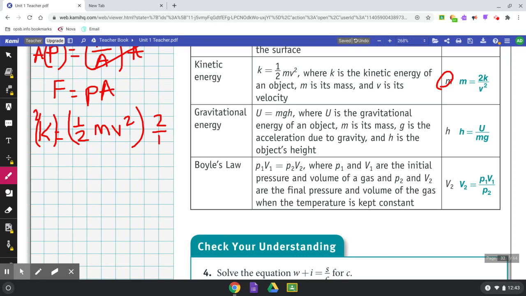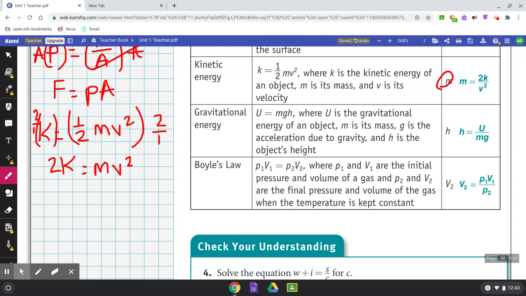2 over 1. I get 2K equals mv squared. Okay, so now I need to isolate m.